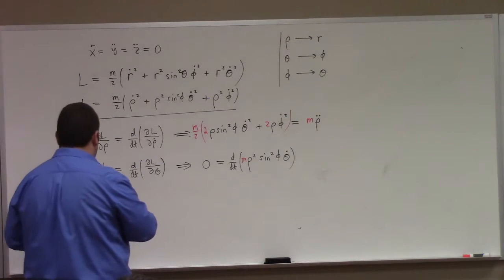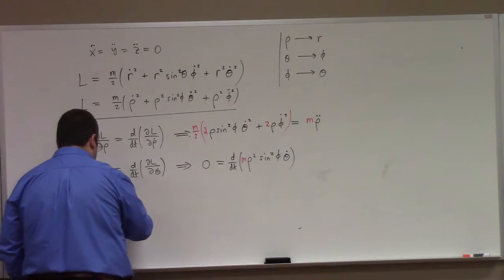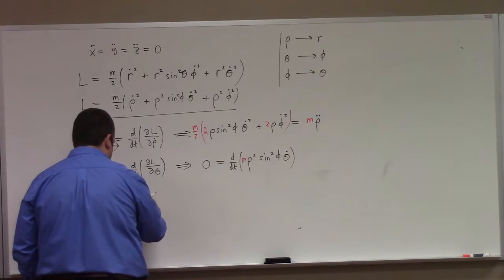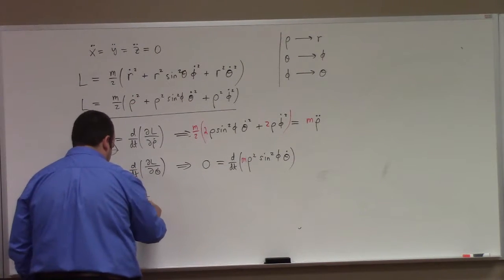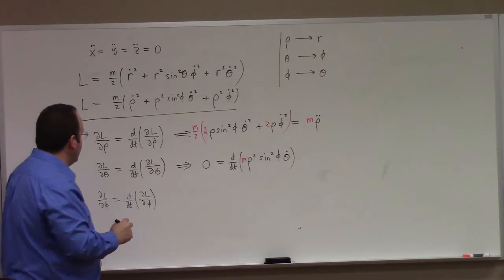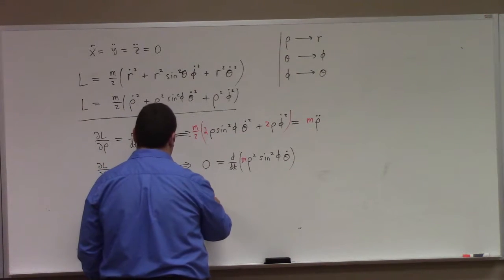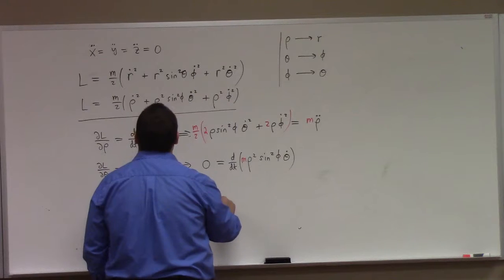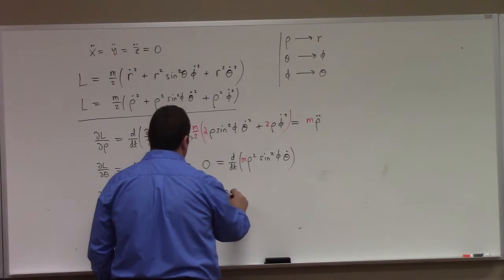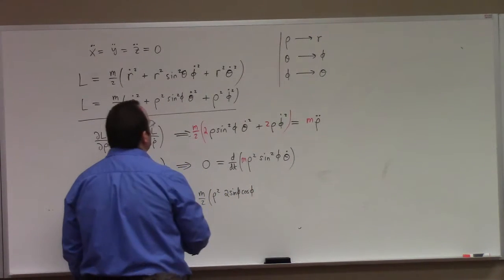Then partial L, partial phi equals d/dt of partial L, partial phi dot. That gives me m over 2 rho squared times 2 sine phi cosine phi theta dot squared.